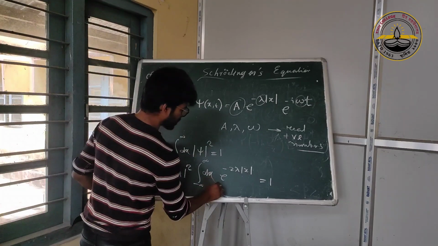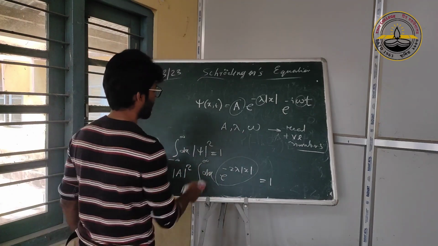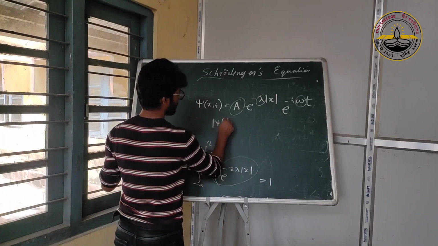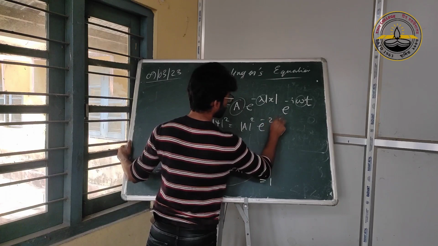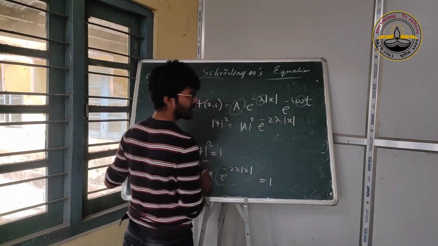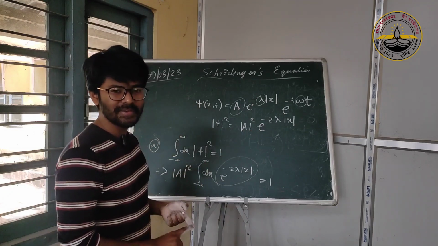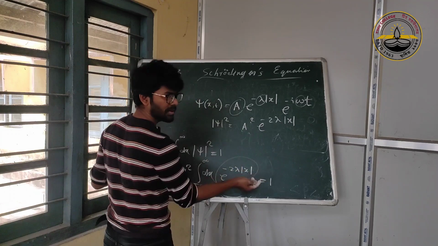Now look at this function. This is the mod chi square function. So mod chi square is mod a square e to the power minus 2 lambda mod x. Now a is given to be positive and real, so there is no point of taking a mod, right?